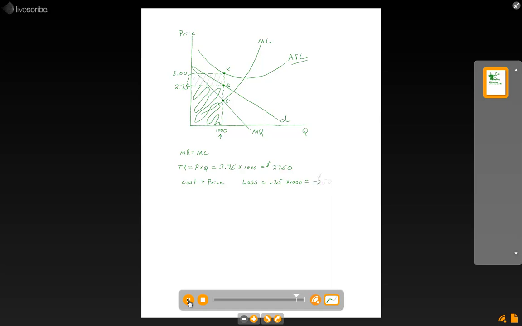So that's going to be a loss of $250. So the loss area is going to be this shaded area, which is right here. So when you have your average total cost curve that lies above your demand curve, then there is going to be a loss in this market.